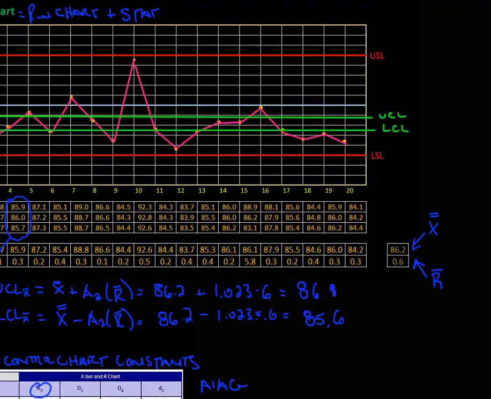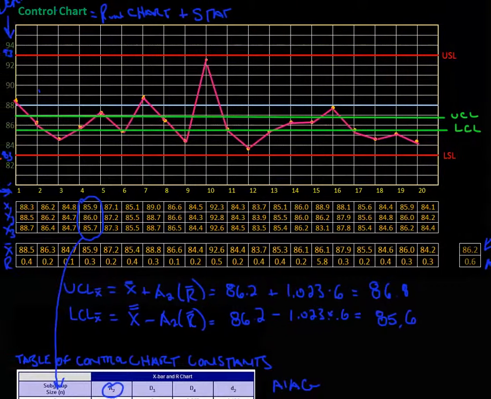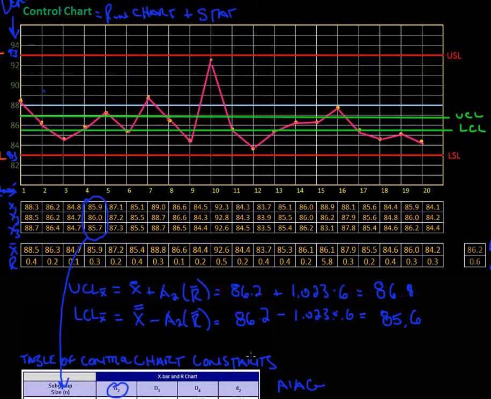So we've done the calculation here, and we see our control limits are narrower than our specification limits. That part's good. But we also see that most of our points, not all of them, but many of our points are outside of the control limits. Even though they're inside the specification limits, they're outside of our control limits.